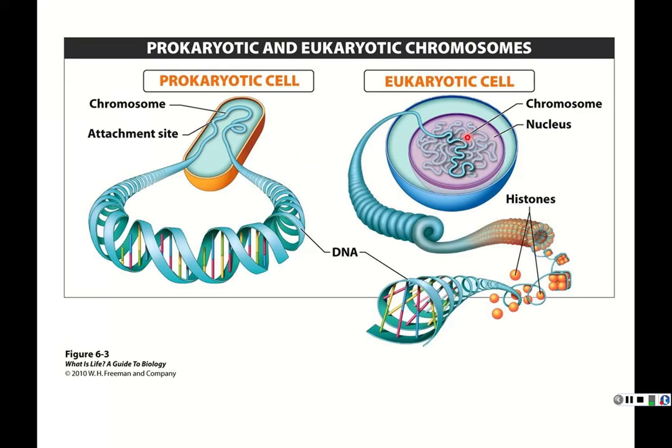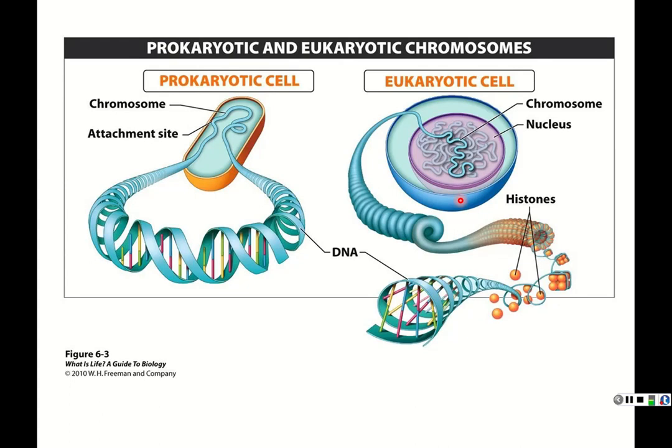So comparing the structure of DNA, the level of organization from a prokaryotic cell to a eukaryotic cell. All right, in a prokaryotic cell, all you have is this circle of DNA, and it just sort of gets coiled and wrapped in on itself. This figure, by the way, is from a different textbook. Okay.